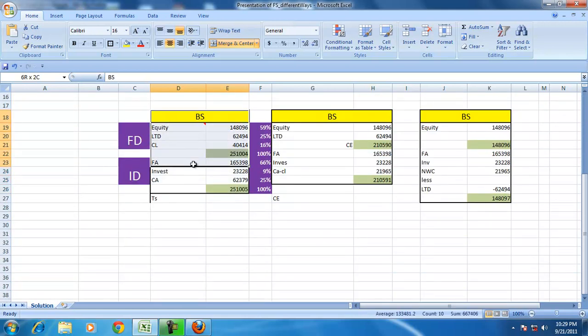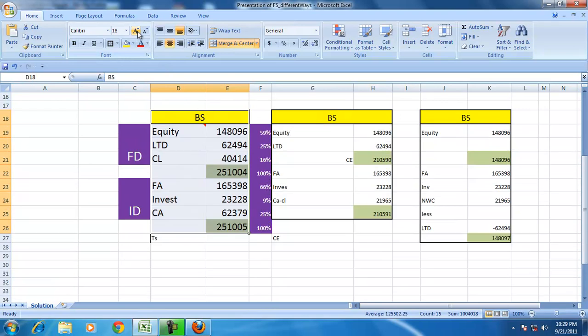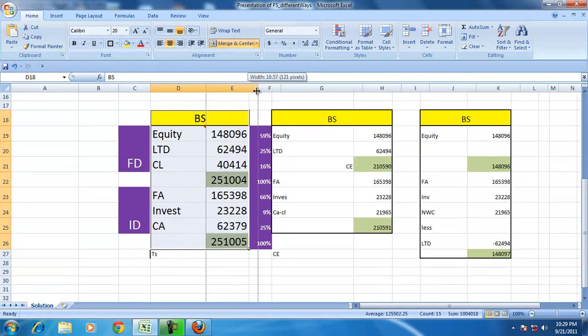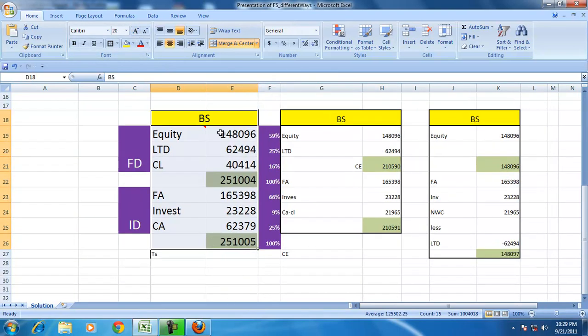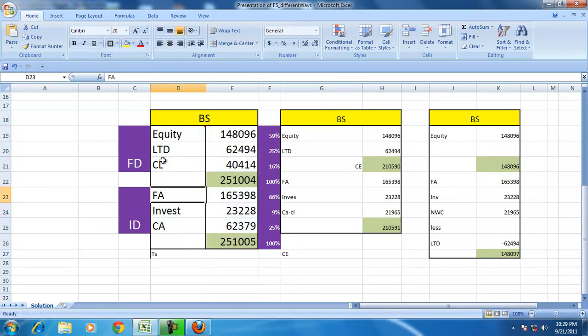Now we converted the balance sheet of Reliance into the condensed balance sheet. So as a result, it shows 6 items: equity, long-term debt and current liabilities, and the assets are fixed assets, investment and the current assets.